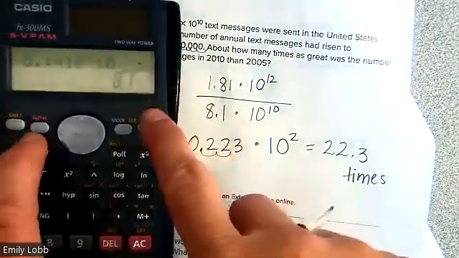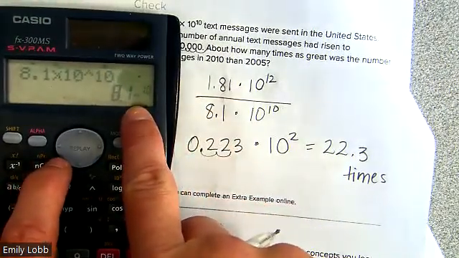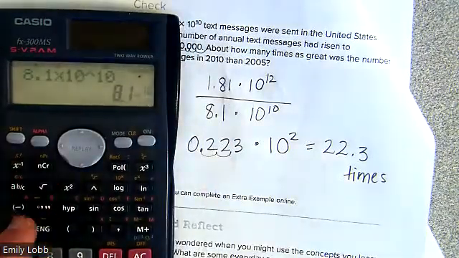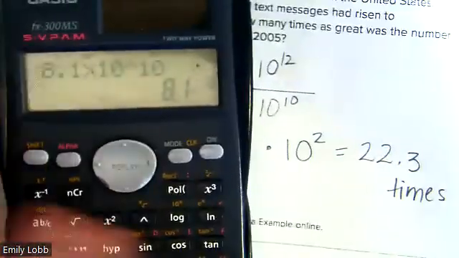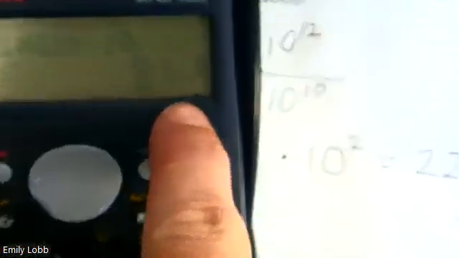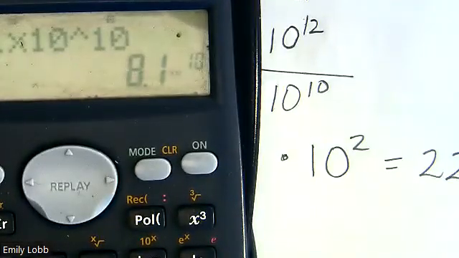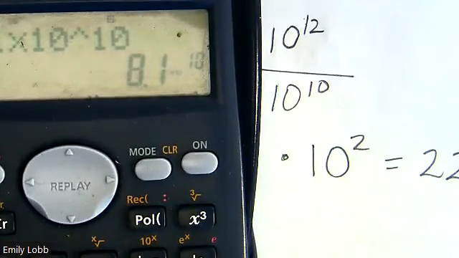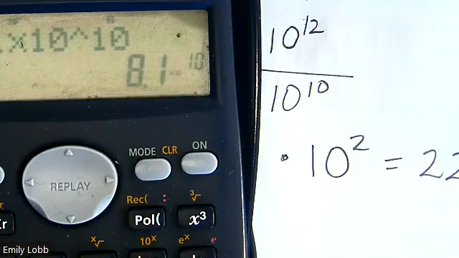Remember how we told you sometimes it will write it there? See how they wrote it in exponential form? Remember, we looked at this a little bit when we were looking at what a graphing calculator would look like. It says times 10 really small right there. It won't focus. Okay. See where it says 8.1 and then there's a little times 10 raised to the 10th. That's the weird part.